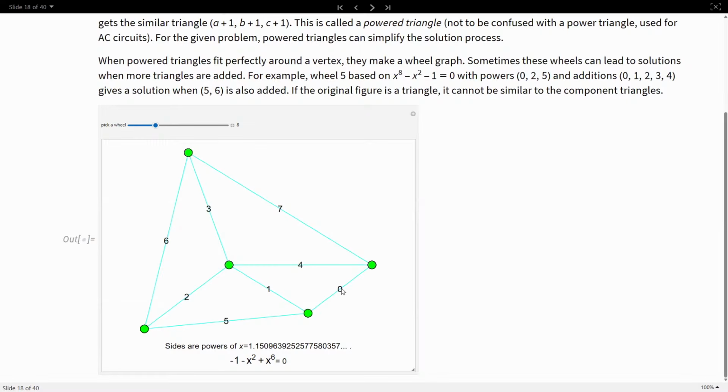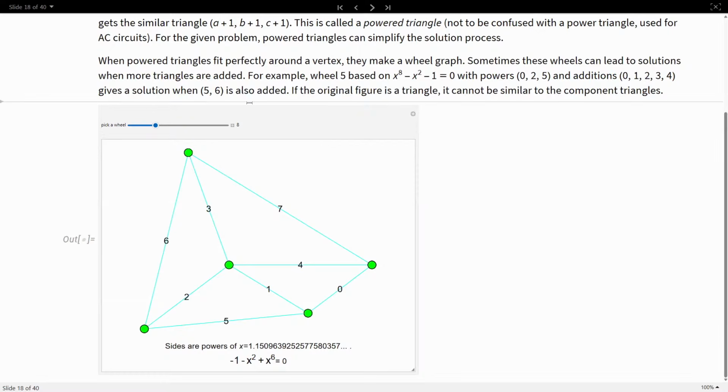And these numbers here are powers of the square root of the plastic constant, 0, 1, and 4. When we add 1 to all of those, we get 1, 2, 5. Add 1 to all those, we get 2, 3, 6. Add 1 to all those, we get 3, 4, 7. And those 4 triangles together will surround a point.